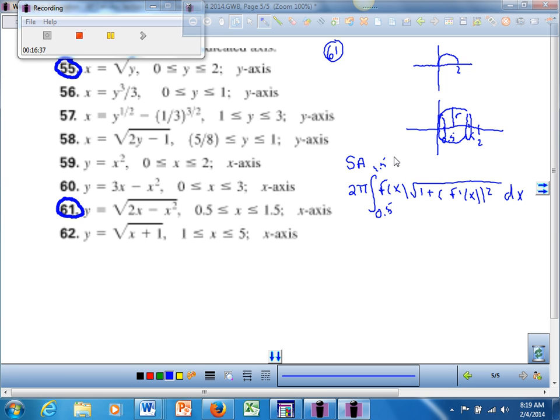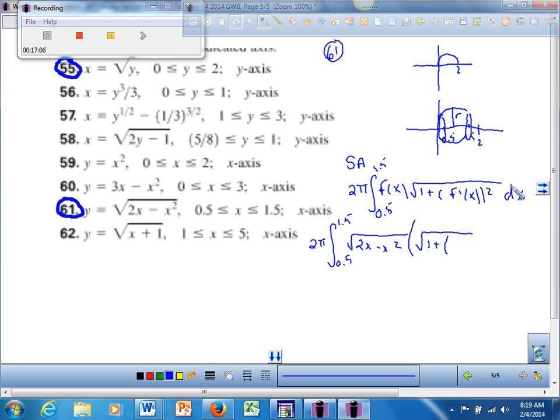So let's fill in what we have. 2 pi integral 0.5 to 1.5 of the square root of 2x minus x squared times the square root of 1 plus... So here we're going to get f prime, right?